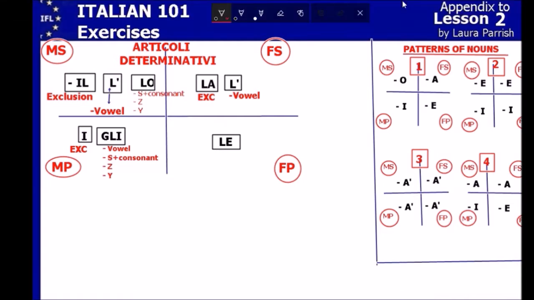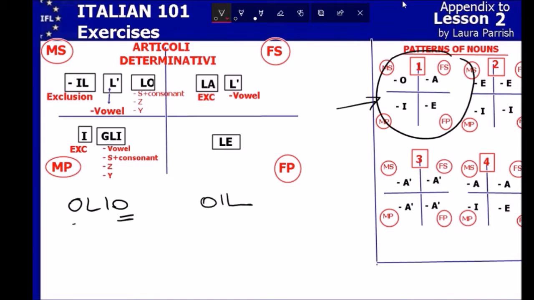A couple more. Let's say something with a vowel. I cannot think of anything. Oh, okay. Olio. Olio, that is oil, like olive oil. Let's see this one. Ending in O, so it belongs to one of the most common patterns, this one.